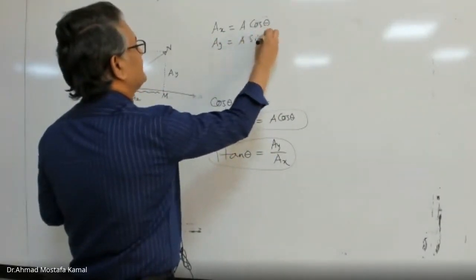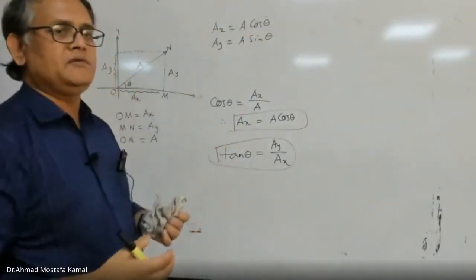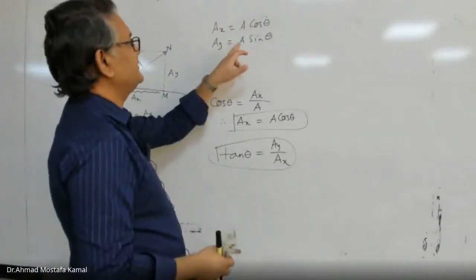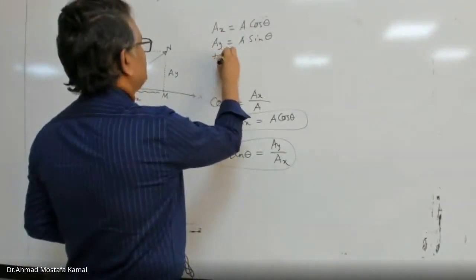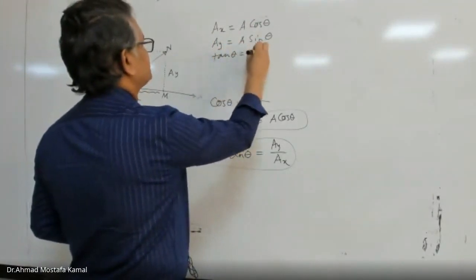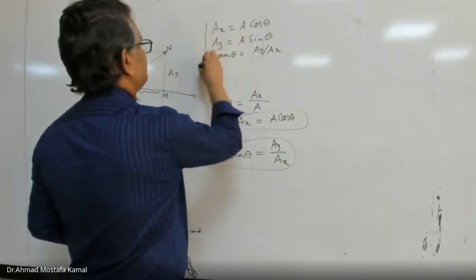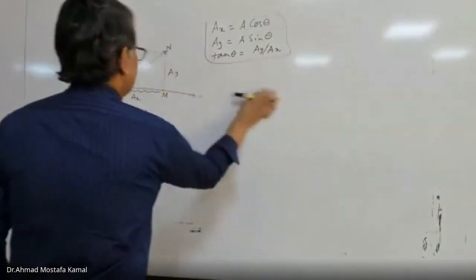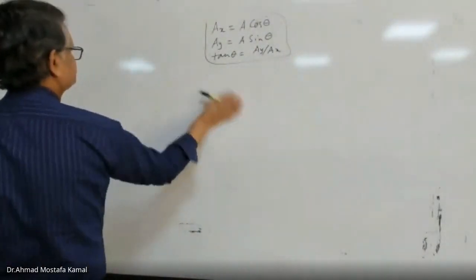So for any vector, I have written A because I took the A vector, but if it is B vector, then Bx equal to B cos theta, By equal to B sin theta in this way. Then tan theta equal to Ay by Ax. These three relationships are needed for further calculation. Okay, so don't forget them. Now I am going to erase, and then let me start dipole.